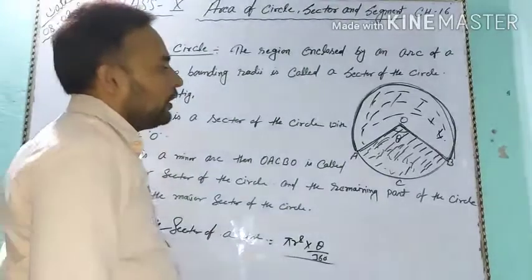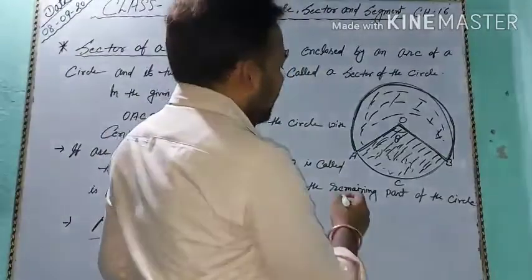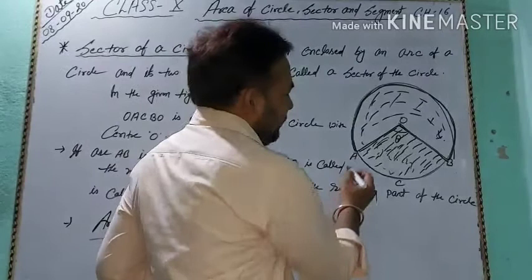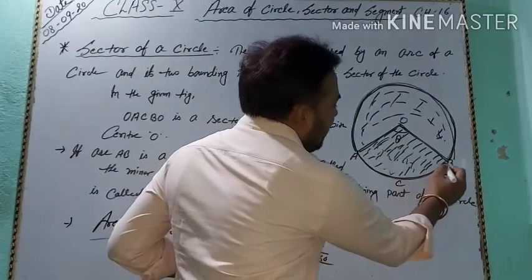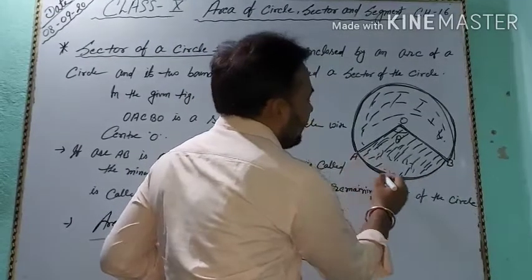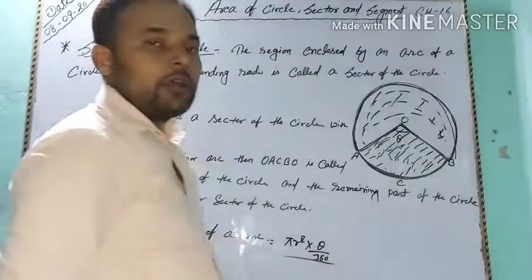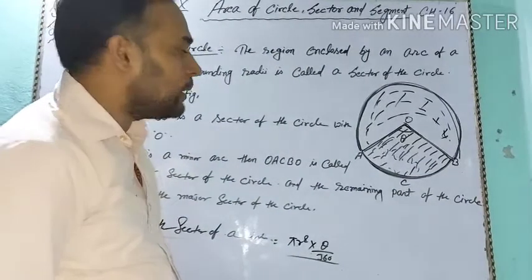Okay. In a circle with center O and radii OA and OB, AB is the length of the arc. An arc, that is the minor arc.